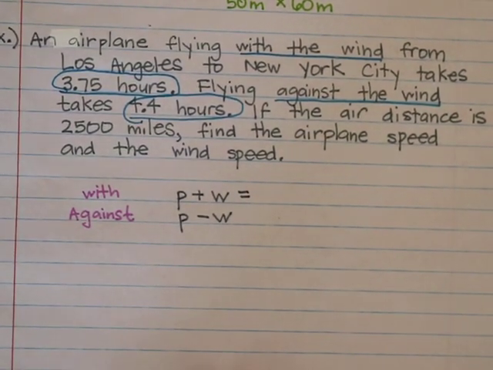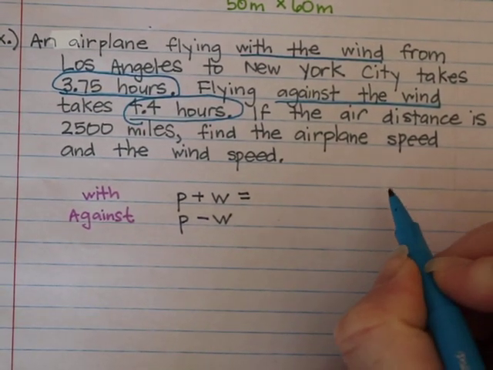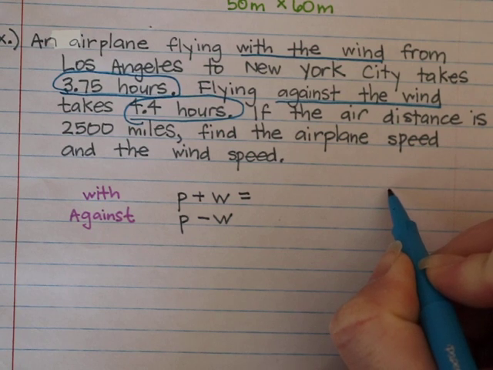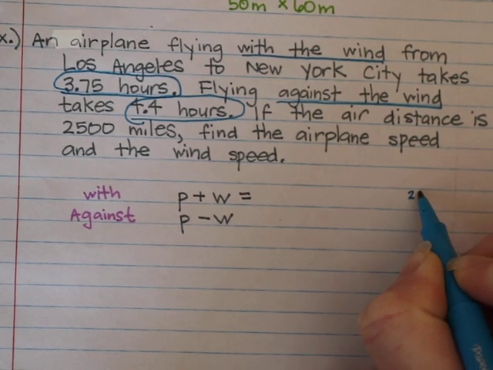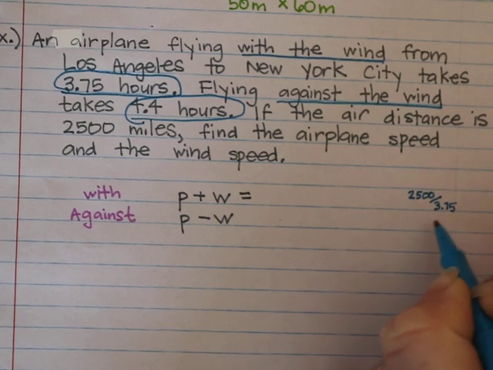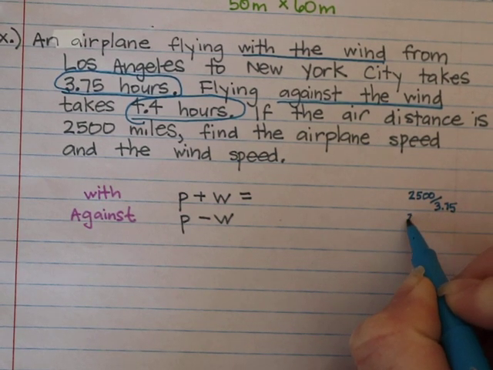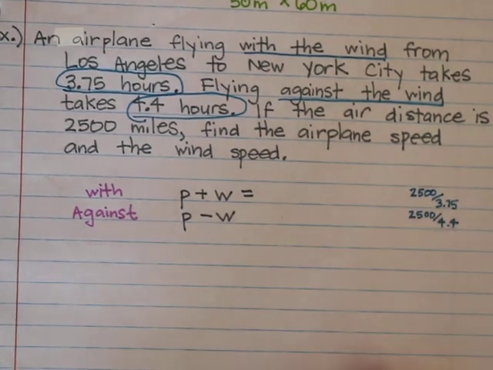Because everything is in speed, we are going to calculate speed from the get-go. In other words, on the way there, the average speed, or the resultant speed, if we want to use our vector language, is 2,500 divided by 3.75. And against the wind, we're going to divide by 4.4.